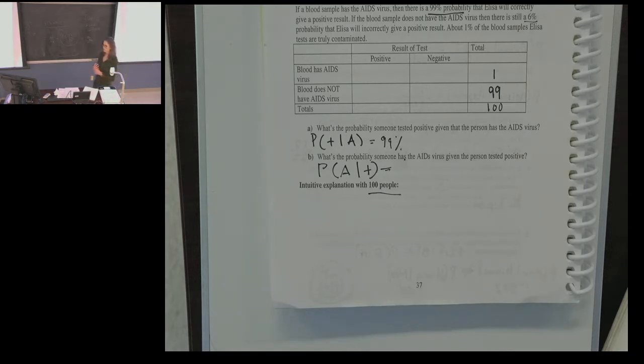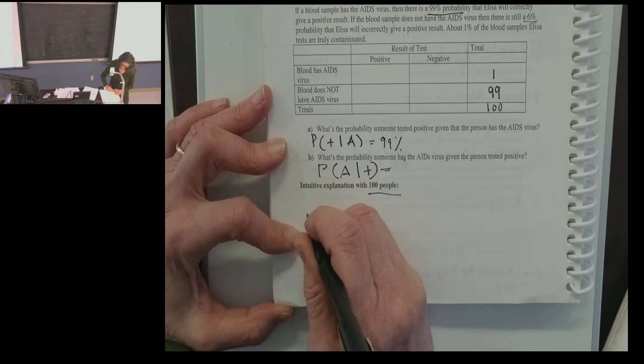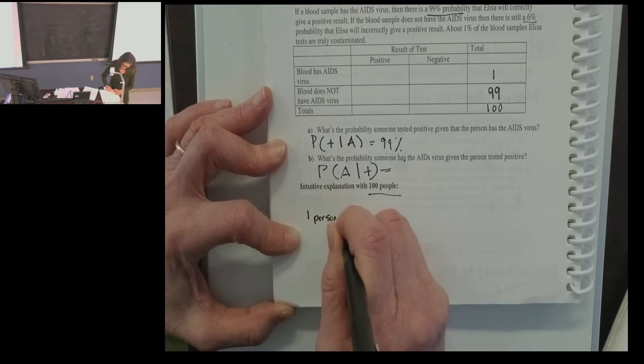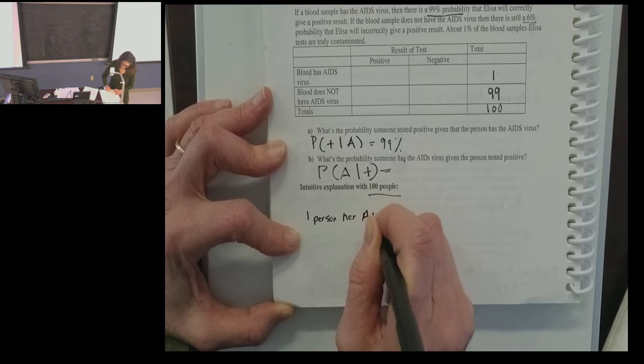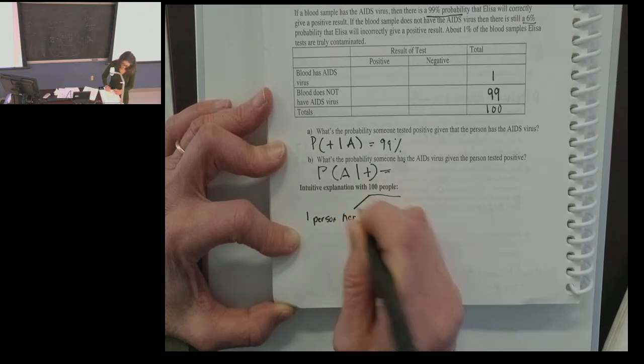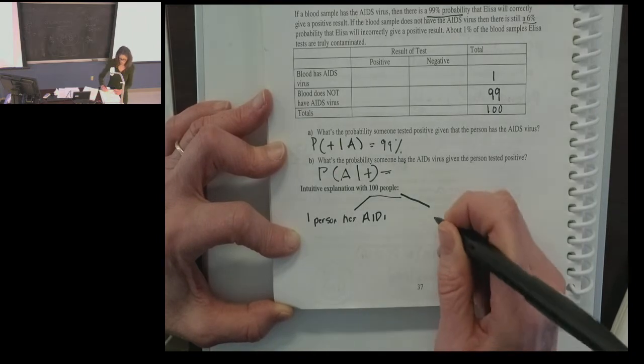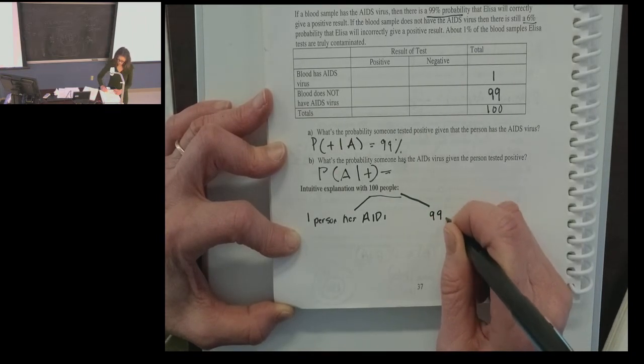Out of those 100 people, how many have AIDS? 1. This is exactly what I did because I was pretty worried about it. And then how many people don't? 99 people don't.